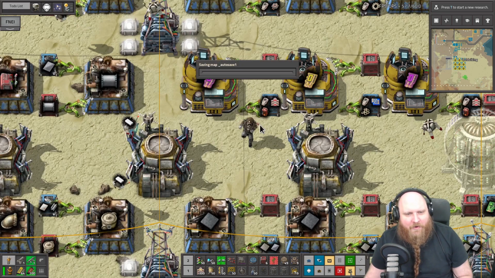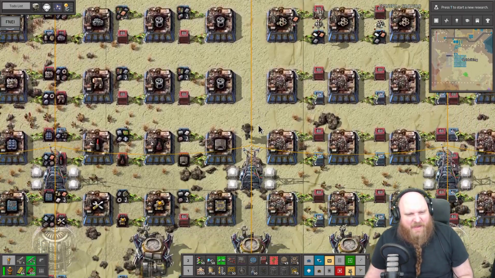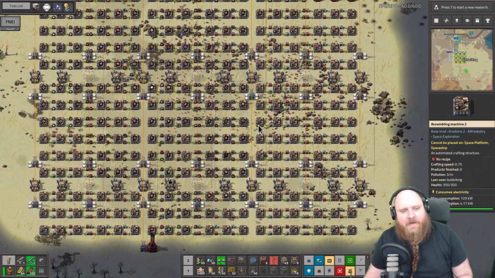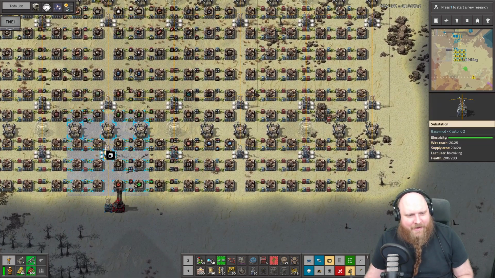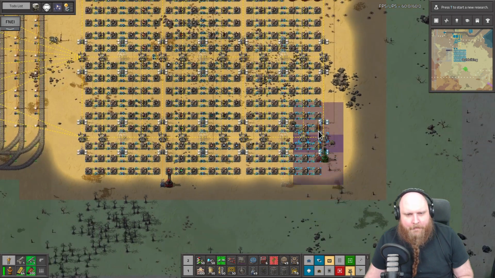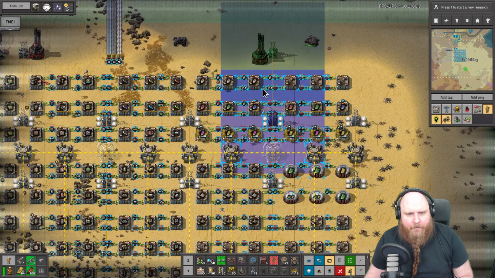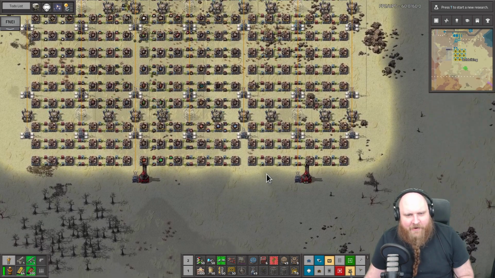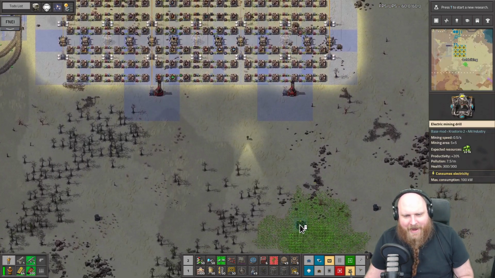Now, fun part about uranium is it's spicy. It is very, very spicy. It also requires sulfuric acid to mine. That's not really an issue. But trying to get this out of here is going to be, yeah.